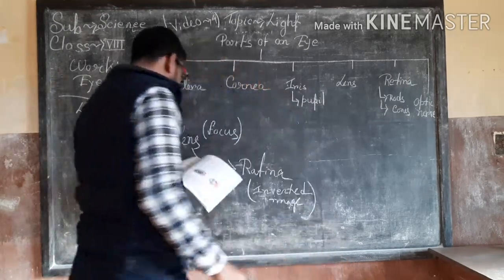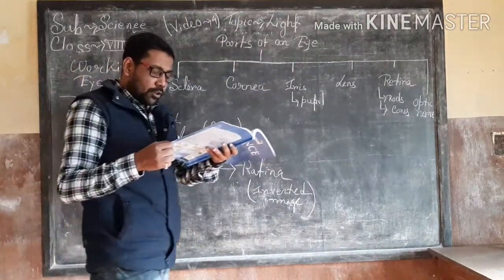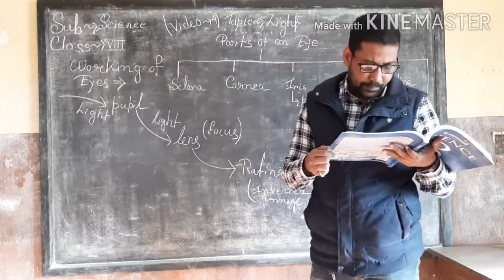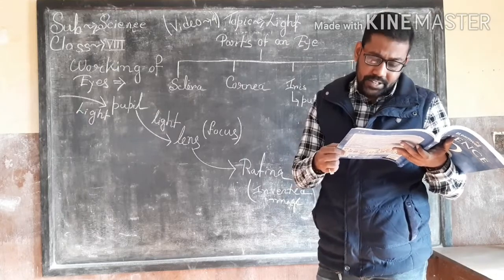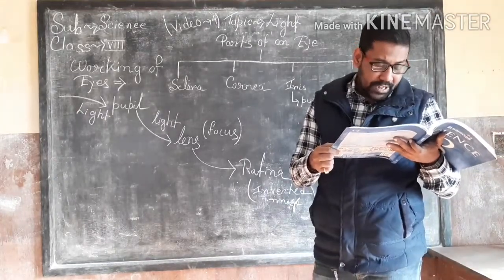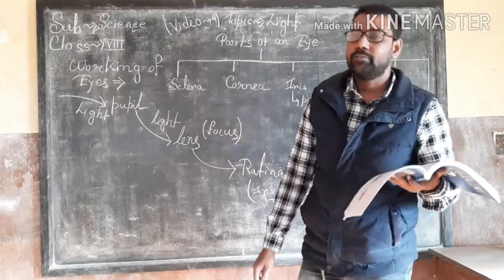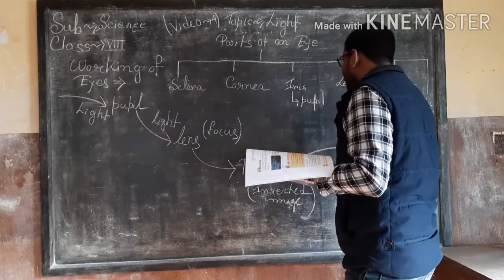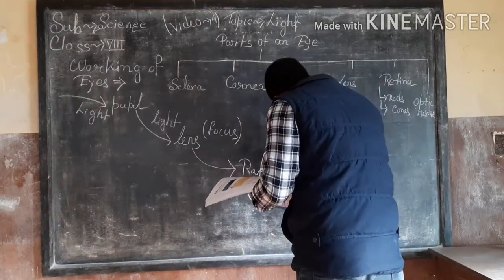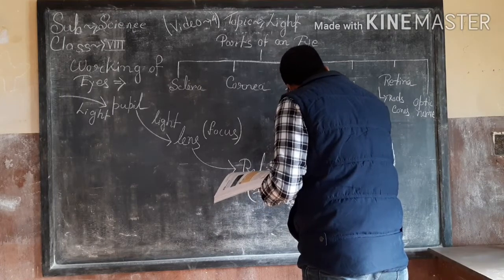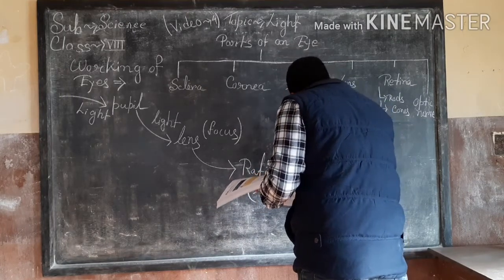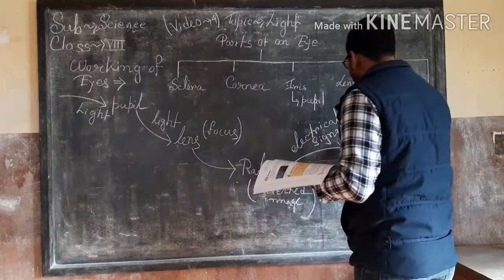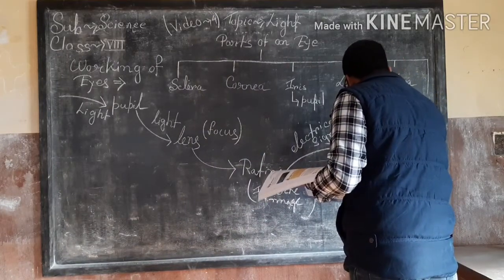Okay, and the rods and the cones of the retina get activated and they generate electrical signals, which are sent to the brain by the optic nerve. So the light is also converted into an electrical signal and goes to the optic nerve.